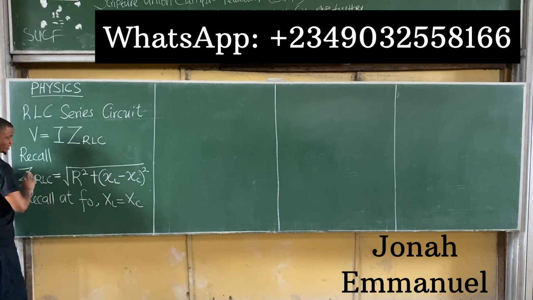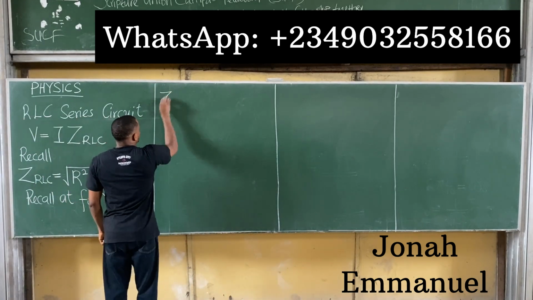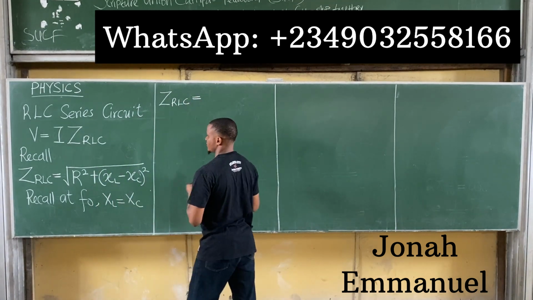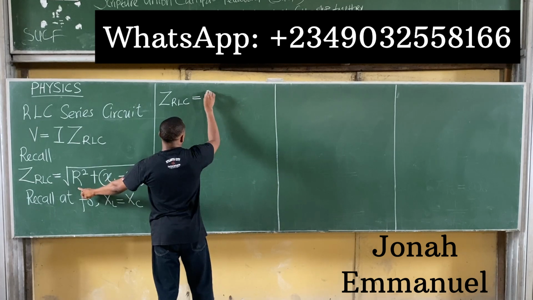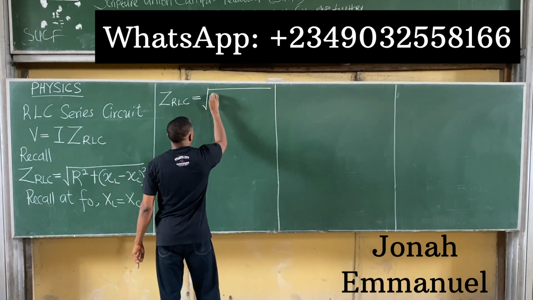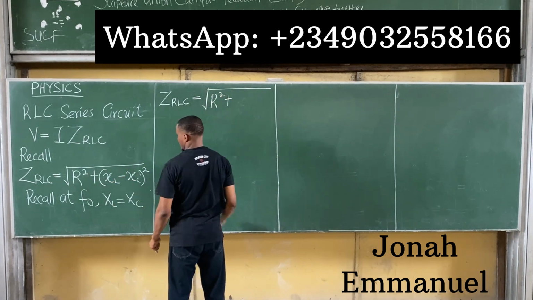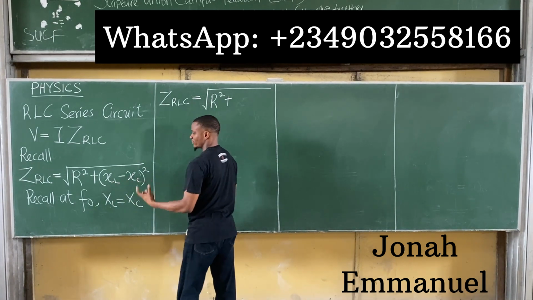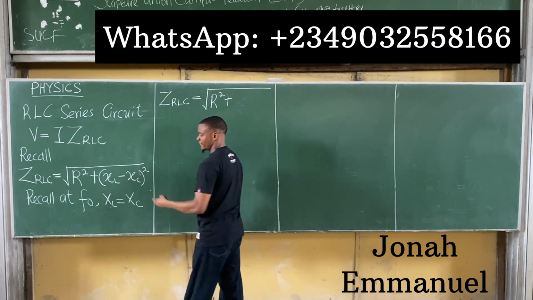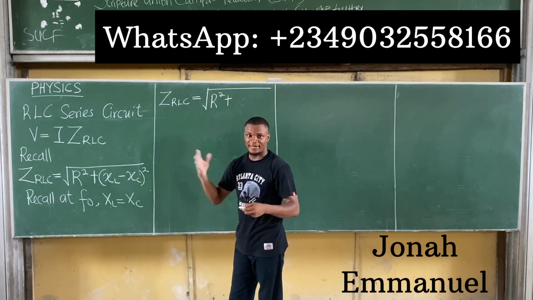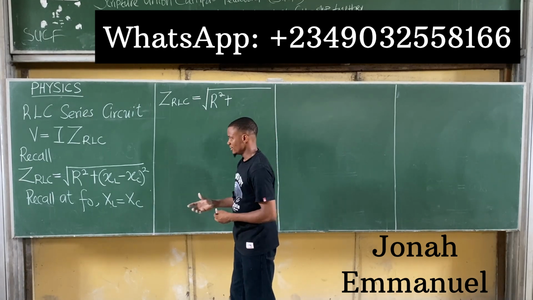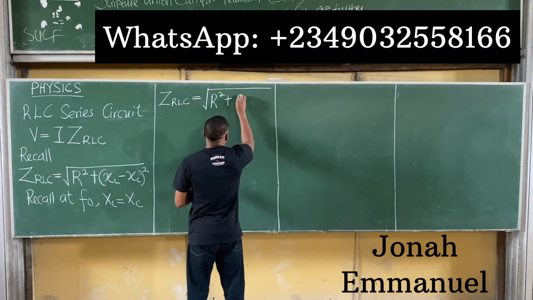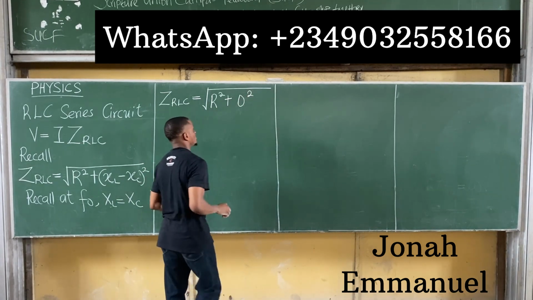If I impute this condition into this, you have that ZRLC, which is the impedance of the RLC series circuit, is equal to the square root of R squared plus, now since these two terms are of the same value, if you have two terms of the same value subtracting, it gives you 0. Example, 3 minus 3, 5 minus 5, and so on. So since they have the same value, if they subtract, it should give you 0. So plus 0 squared. So I have this.